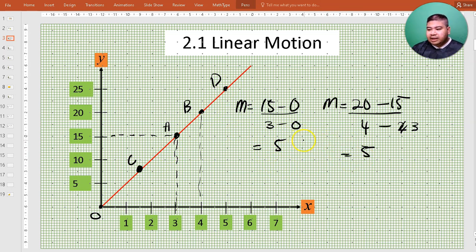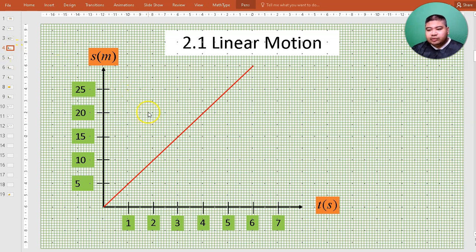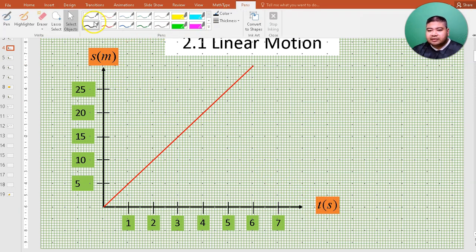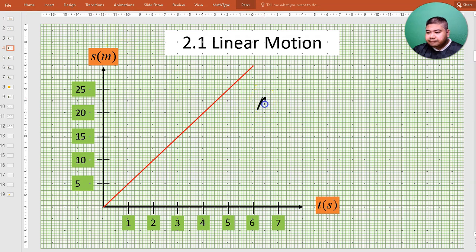So how do we apply this concept to the analysis of graph of linear motion? Let's say we replace the y-axis with the displacement, and then we replace the x-axis with time. So to calculate the gradient of the graph m, let's say we pick this point.